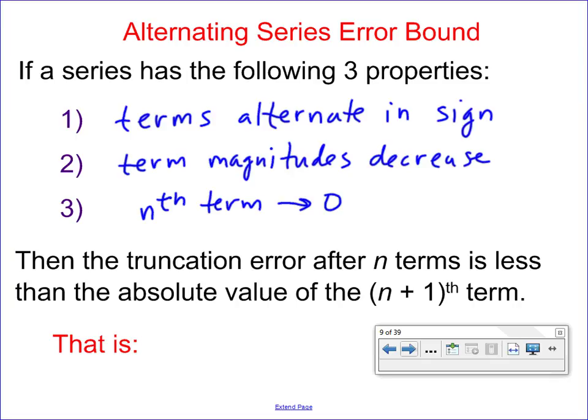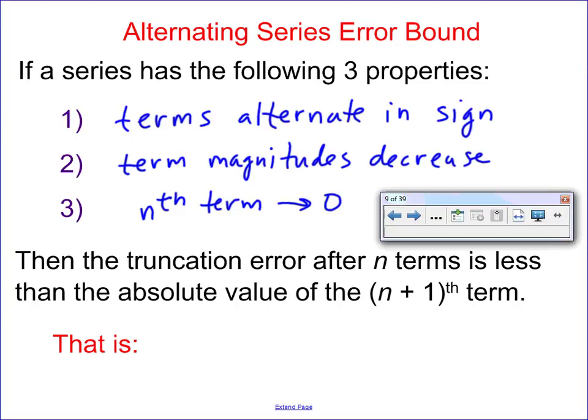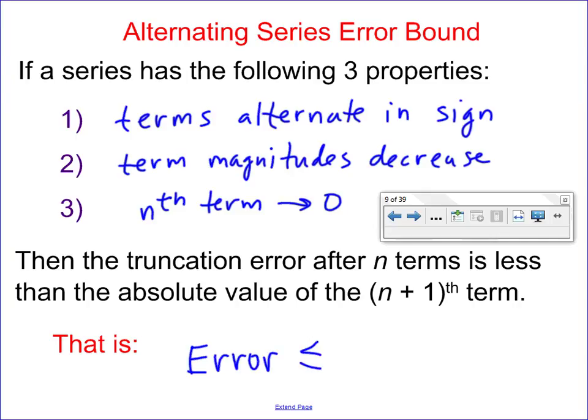The truncation error after n terms is less than the absolute value of the n plus first term. That is to say, the error is at most the magnitude of the a sub n plus first term.